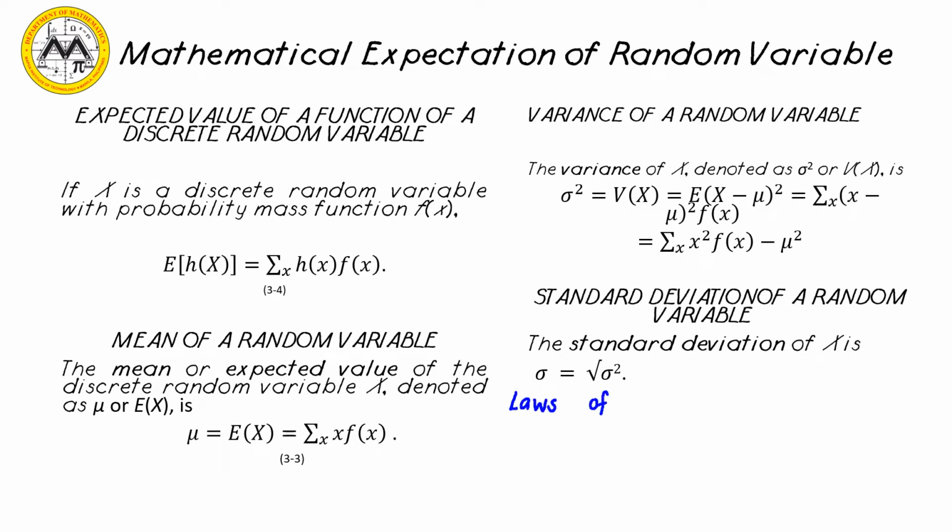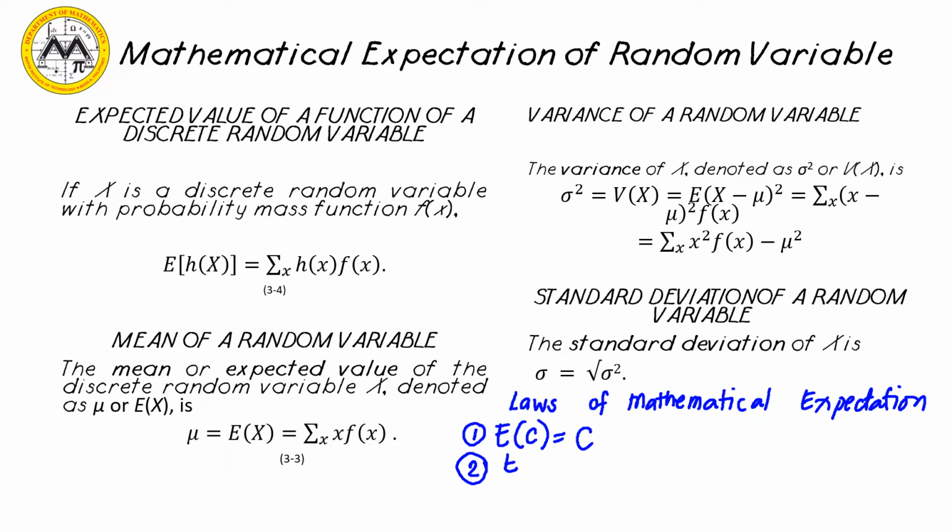For the laws of mathematical expectation, one, the expected value of a constant is the constant. So the expected value of 5 is 5.